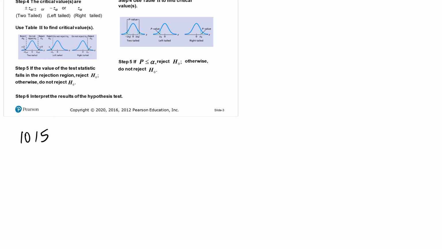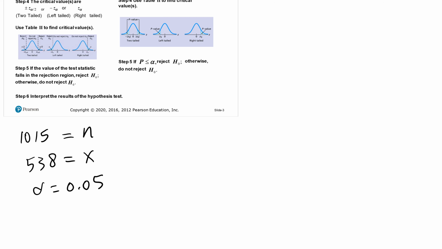This is n, the sample size. Out of these, 538 of them said China. That's the x value. At the 5% level of significance, alpha is 0.05.